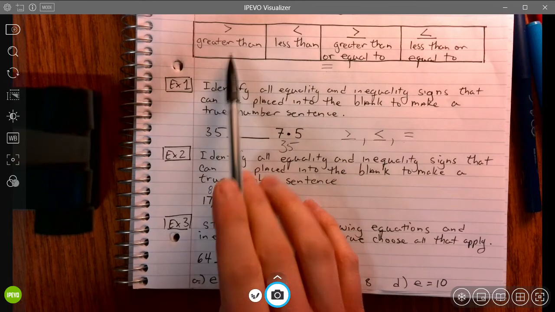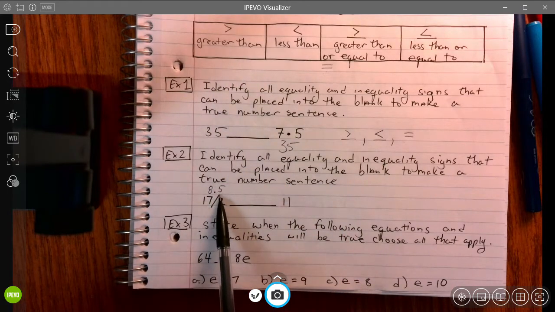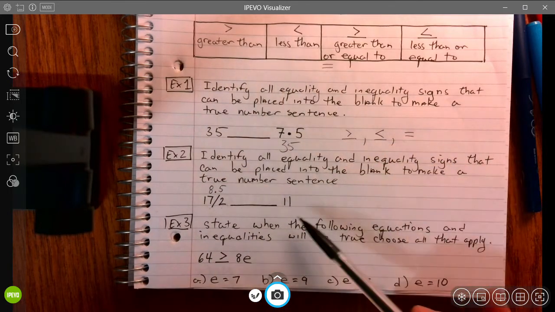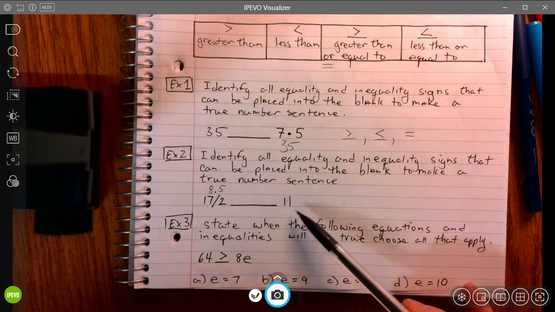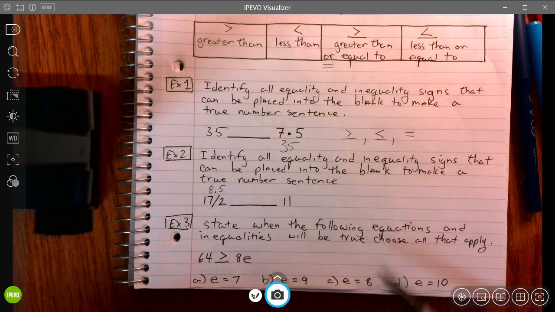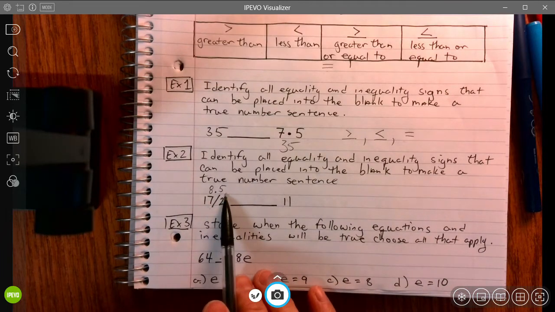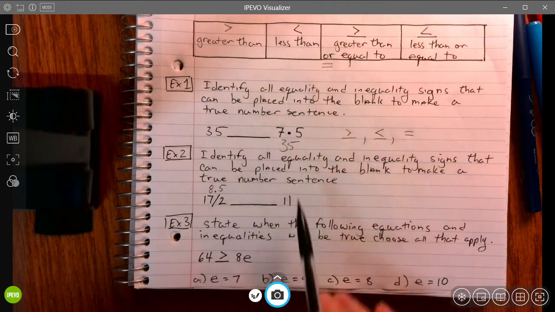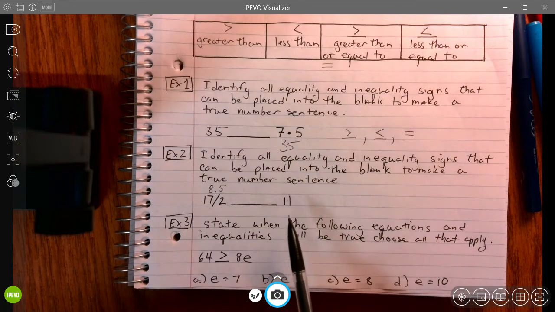Is 8.5 greater than 11? No, it is not. So we can't choose greater than. Is 8.5 less than 11? You tell me.